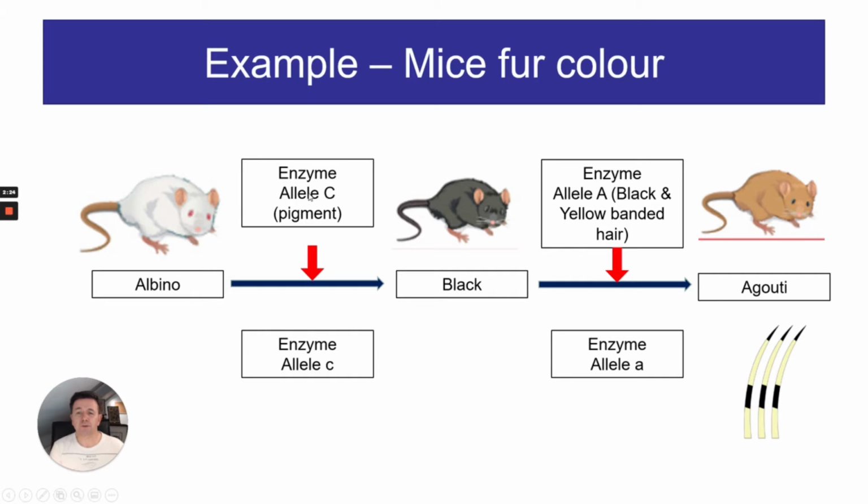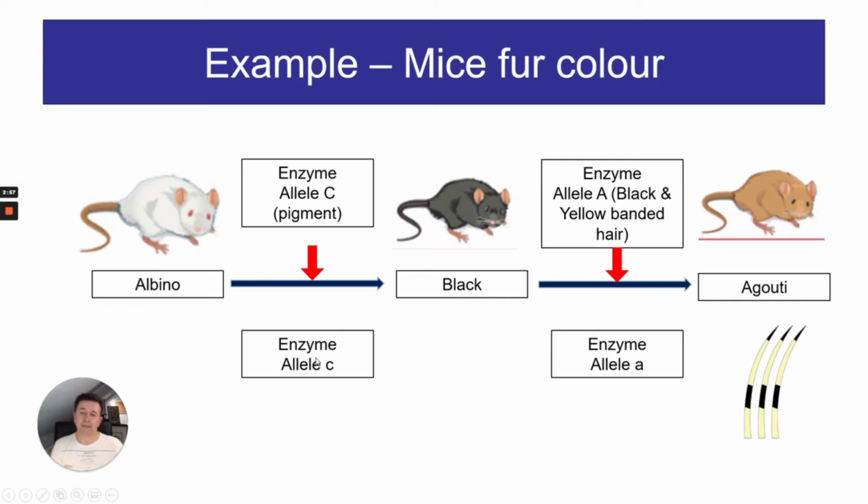Now you'll see there are two genes, C and A. For an albino to become black, so to have a black pigment, you need to have a dominant allele in C. And then if that black colour is going to finally be agouti, then the enzyme of the second gene has to be dominant to get black and yellow banded hair.